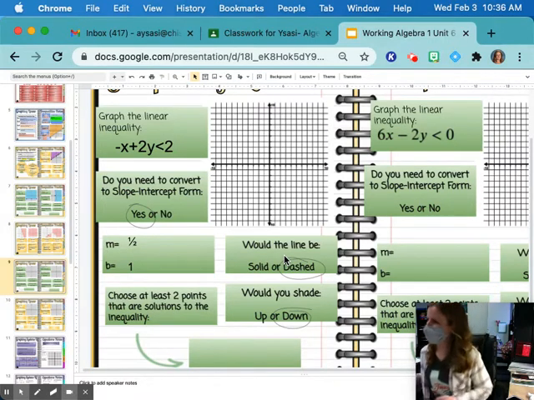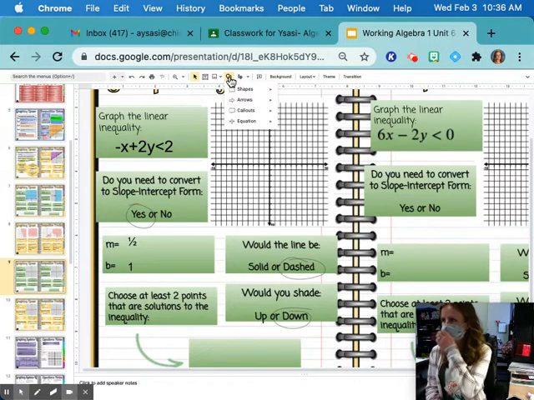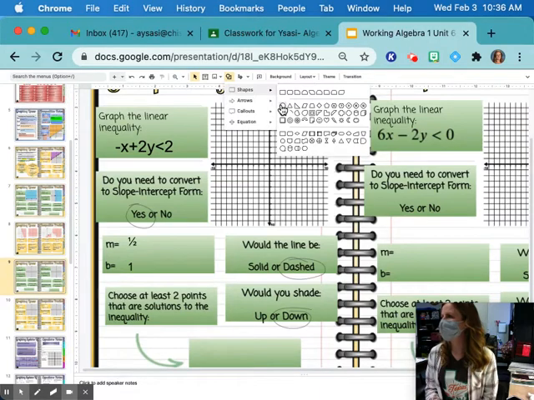So we need to graph it by plotting the y-intercept at 1 and then doing our rise over run. Rise 1, run 2. So I don't have any points on this one. I just need to make a point. So go to your shape tool right here and then find the circle or oval, it says.